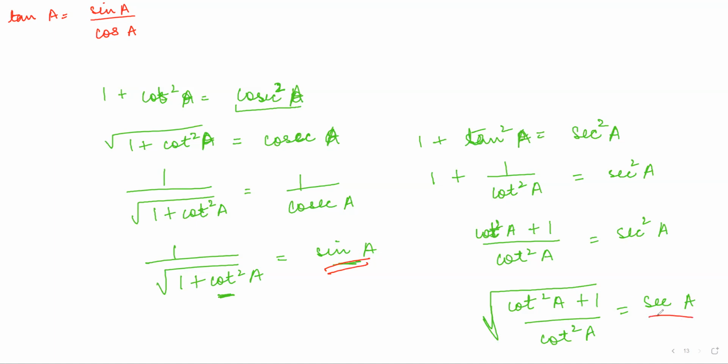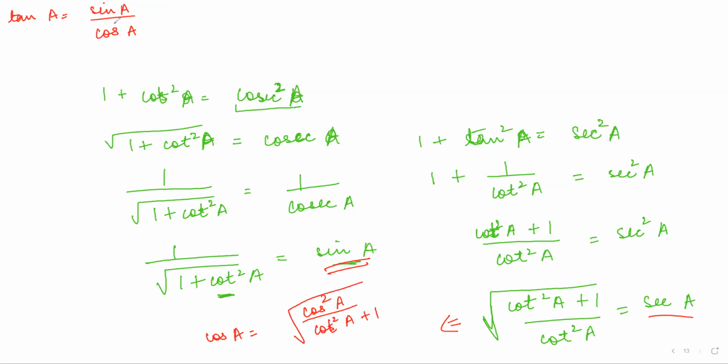That will give me cos A. So cos A will become just the inverse: under root of cot square A divided by cot square A plus 1. So that becomes your cos A.